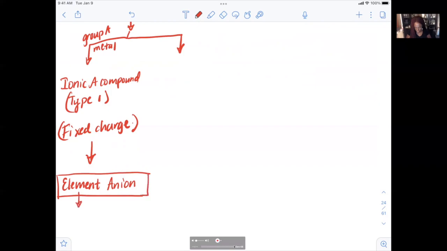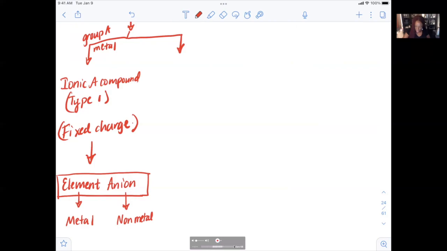The metal will be named as an element. And then the anion will be the non-metal. And so the name should usually just have two components, two parts. The first name will be the element, second will be anion.